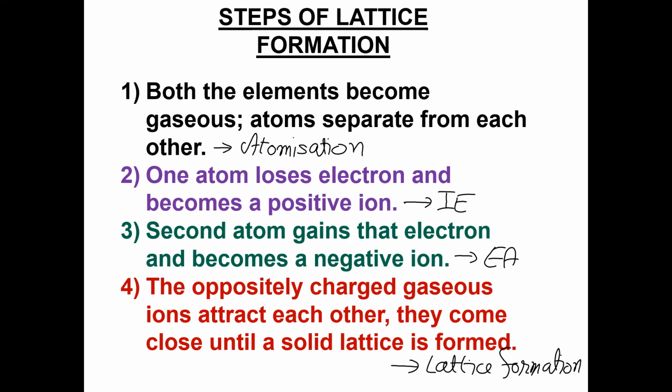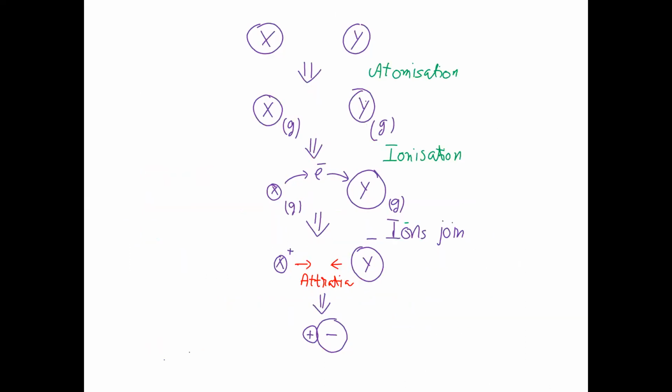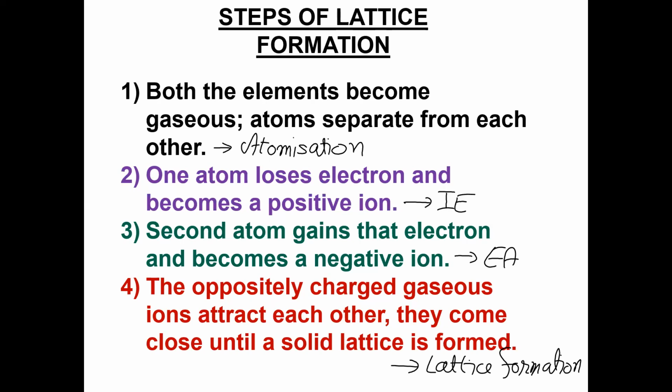Sir, I copied it. So both the elements become gaseous atoms separate from each other. This is atomization. One atom loses electron and becomes a positive ion. Second atom gains that electron and becomes a negative ion.